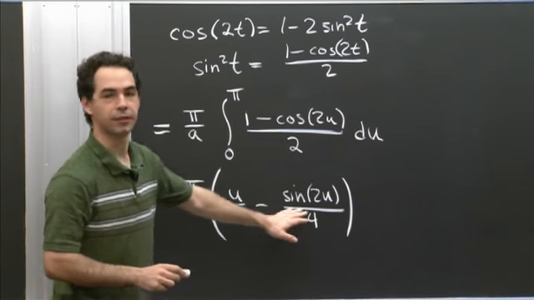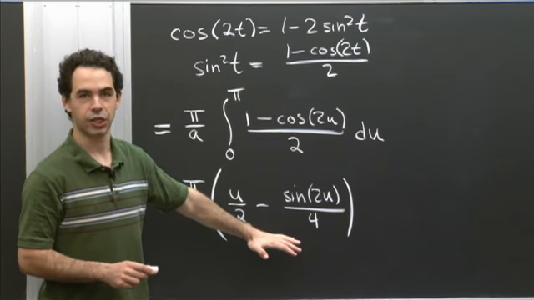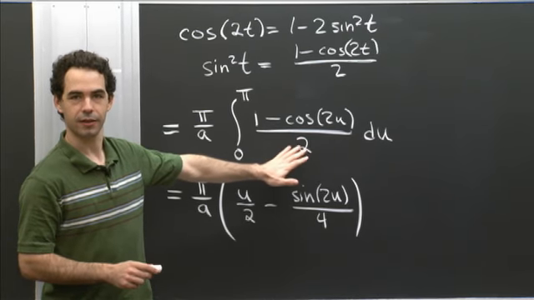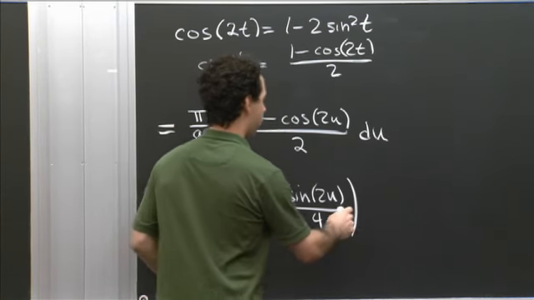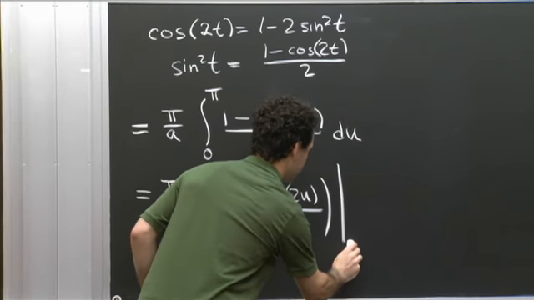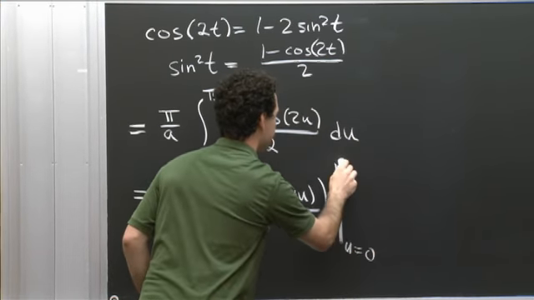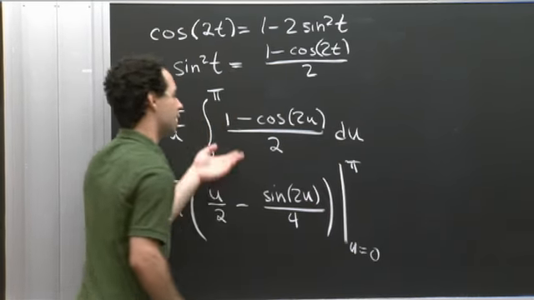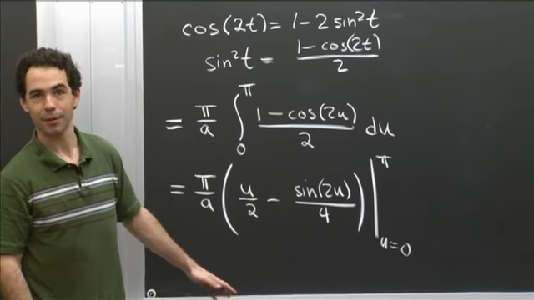If you don't believe me, of course, you could always check by differentiating this expression and making sure that it matches the integrand here. And we need to take that between u equals 0 and u equals pi. So luckily, we changed our bounds of integration. We don't have to go all the way back to x again.